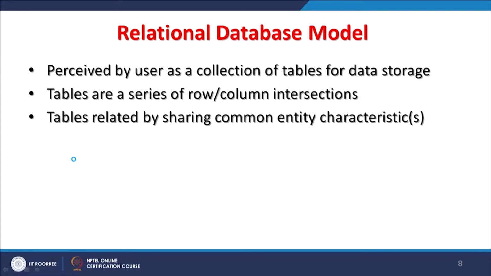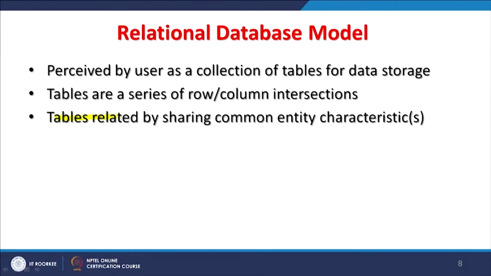These are basically information stored as a relational database, but in form of tables, at least on the display side. Tables are, as you know, a series of row and column intersections, and tables are related by sharing a common entity characteristic.